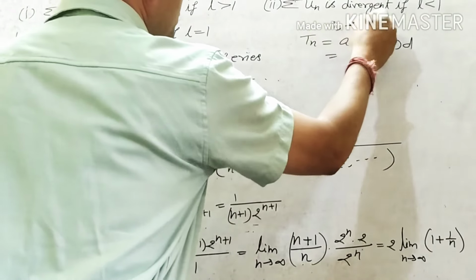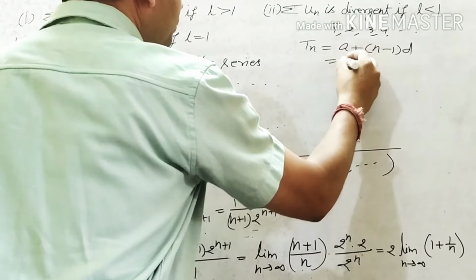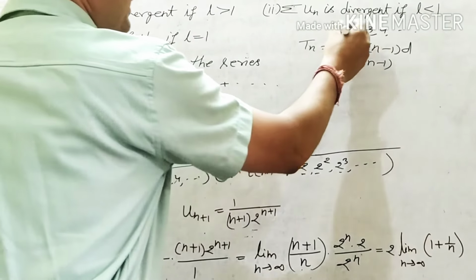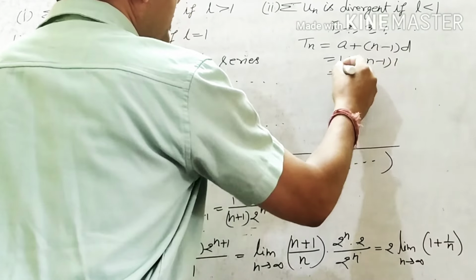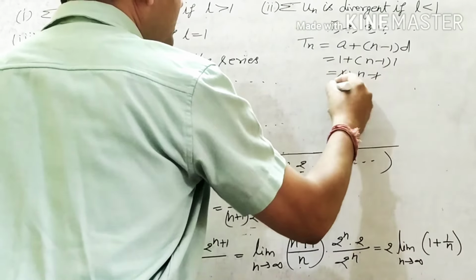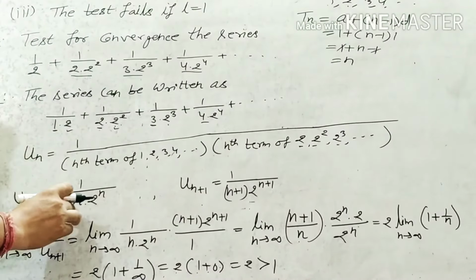Here the series is 1, 2, 3, 4, so A, the first term, is 1, plus n minus 1 into D, the common difference. Second term minus first term, 2 minus 1, is 1. So it can be written as 1 plus n minus 1; 1 and 1 cancel. So the nth term of 1, 2, 3, 4 is n.